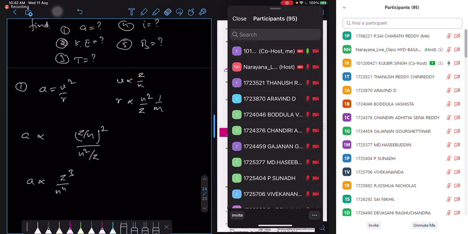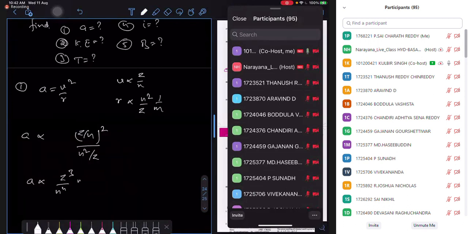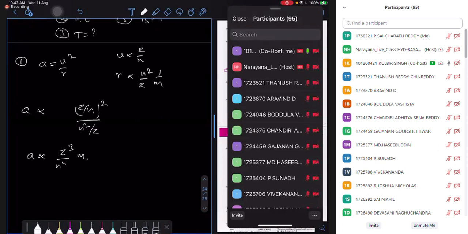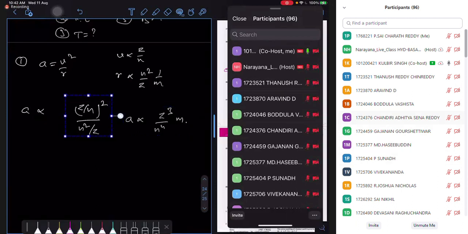If you want to find these expressions, three terms are there: charge term, mass term, and angular momentum term. This is my three dependences of the acceleration.